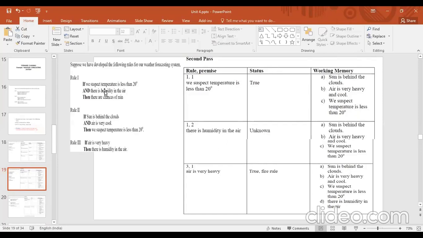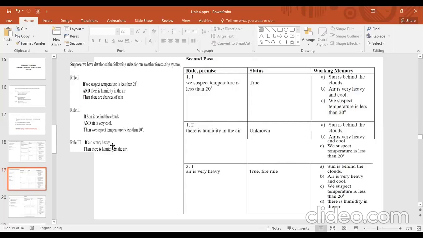Now the second point is there is humidity in the air. Is it available? No. So I have to write unknown. So we can't fire this rule because there are two conditions in rule 1, but only one is satisfied. So here an AND condition is there. What is the operation of an AND gate? If both are satisfied, then the answer is true, right? So here I can't fire this rule.